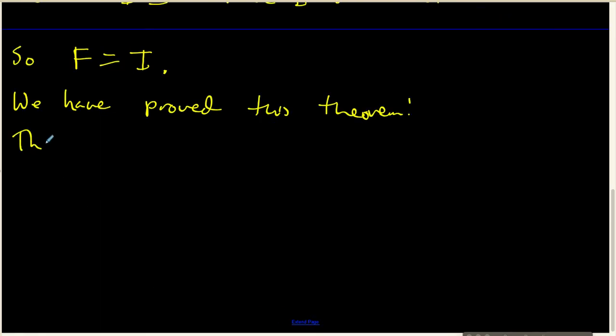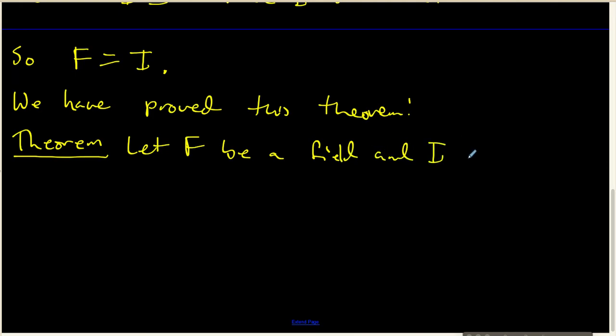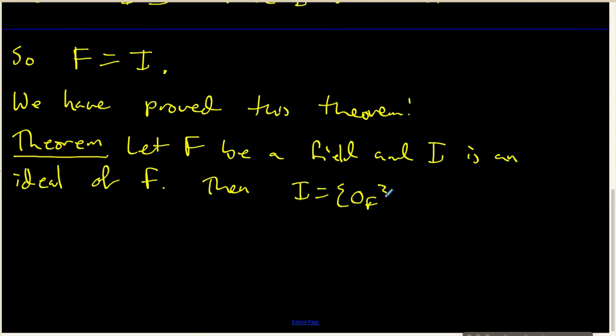And this theorem is going to be stated as follows. Let F be a field, and I is an ideal of F. Then I is either the zero ideal, or I is all of F.